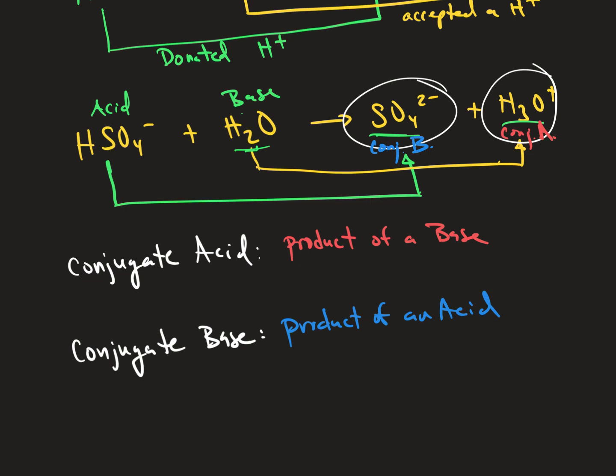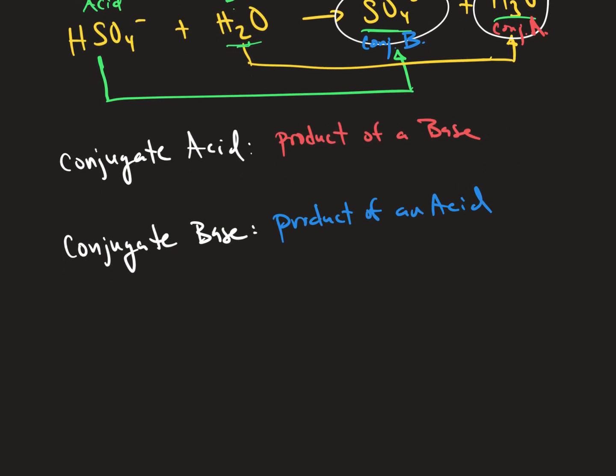So if you have an acid, you're going to have a conjugate base. If you have a base, you're going to have a conjugate acid. Ready to try another one where you put all of them down there?